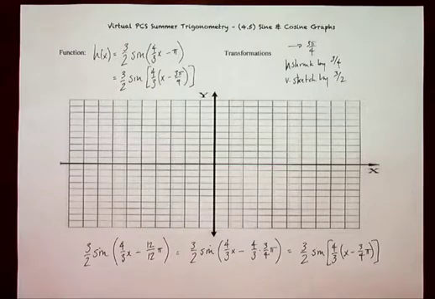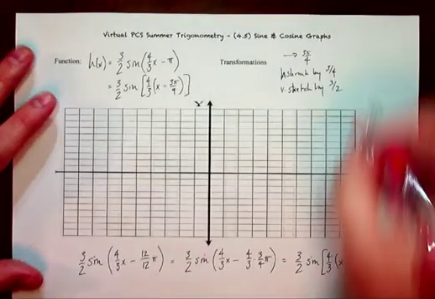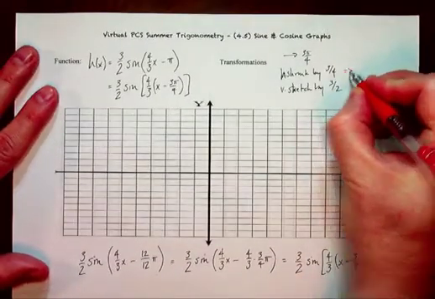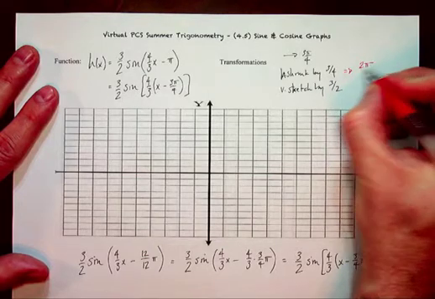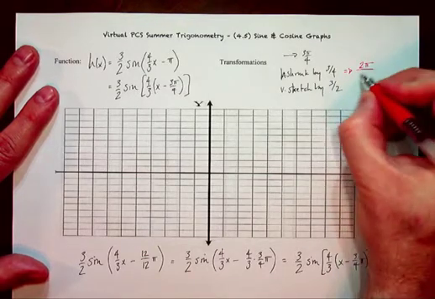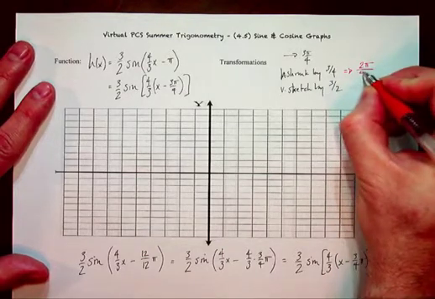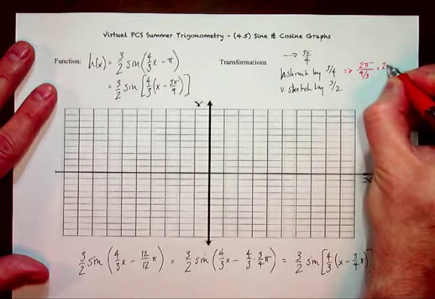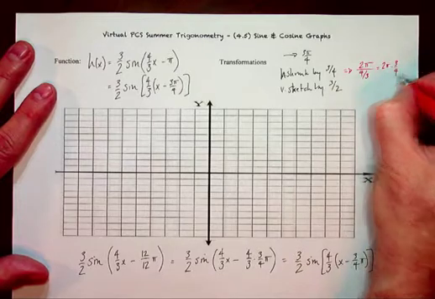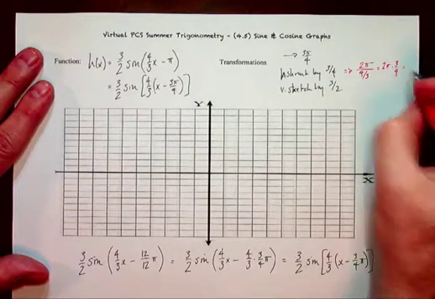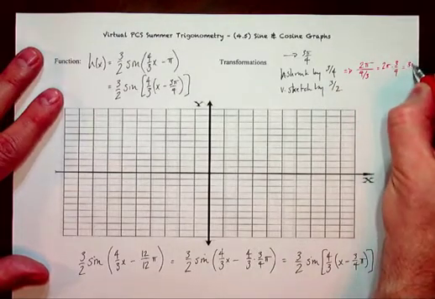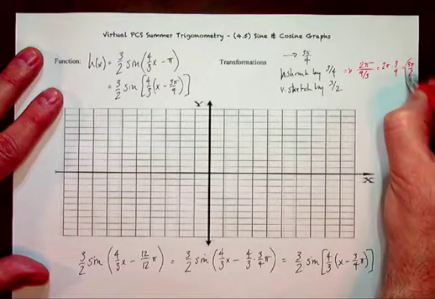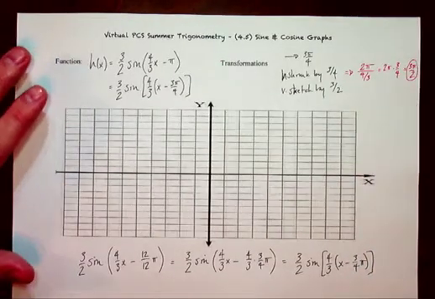Now, the horizontal shrink by 3/4 comes about because the original period is 2 pi and you're dividing by 4/3, which is 2 pi times 3/4, which is going to be 3 pi over 2. Your new period is 3 pi over 2.